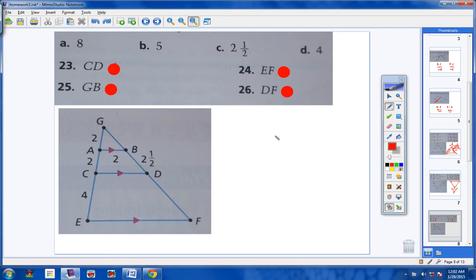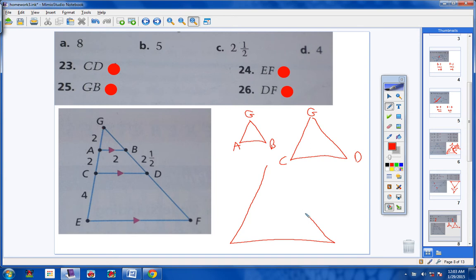I'm going to quickly draw my little triangles and my bigger triangles: G, A, B, then a little bigger triangle G, C, D, then a really big triangle G, E, F. Now let's see what we know.